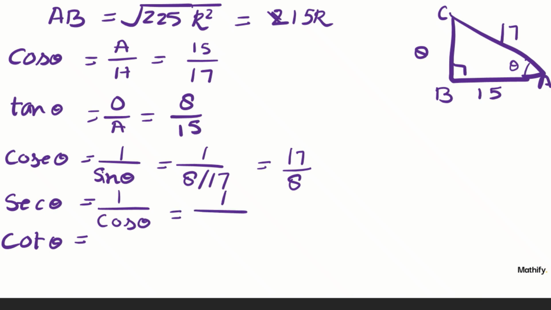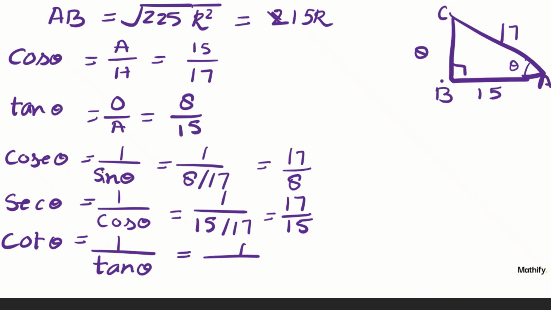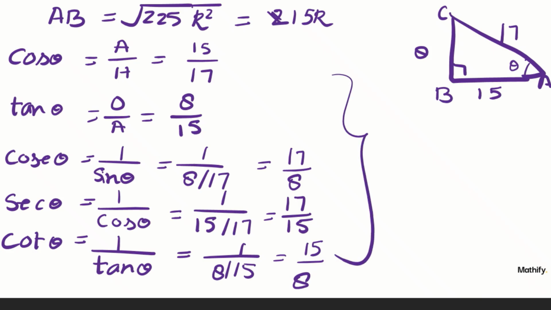Cos theta is 15 over 17, so sec theta will become 17 over 15. In the same way, cot theta is just the reciprocal of tan theta, 1 over 8 over 15, and that will give you 15 over 8. Okay. So these are all the remaining ratios.